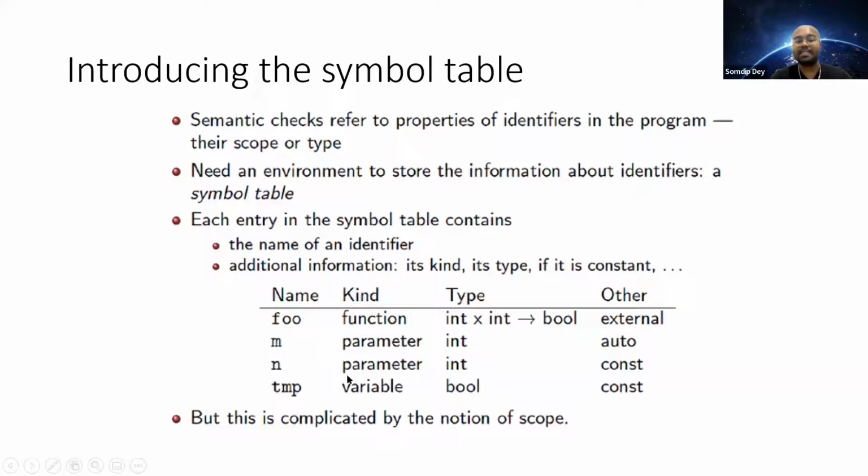So as you can see here, these are some other examples: you can have parameters such as m and n, which are parameters or arguments, and they are of type integer. You might also have a TMP or temporary variable, which is a variable, but that one has a type Boolean. So given this example, you can see the symbol table can be represented like this.